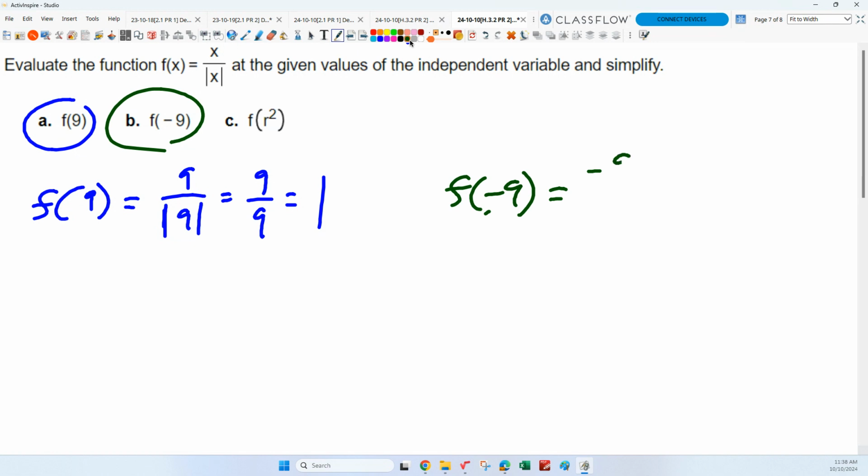Well, how'd you get it? Negative 9 over the absolute value of negative 9, right? What's the absolute value of negative 9? There you go. Okay. Now, tricky one.